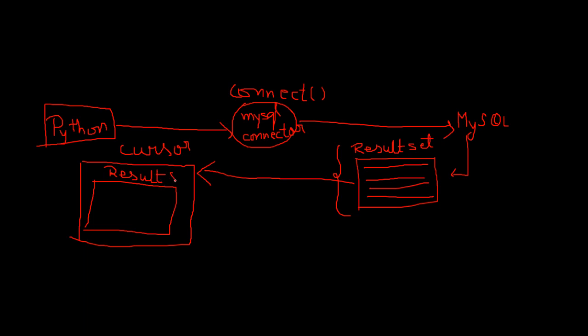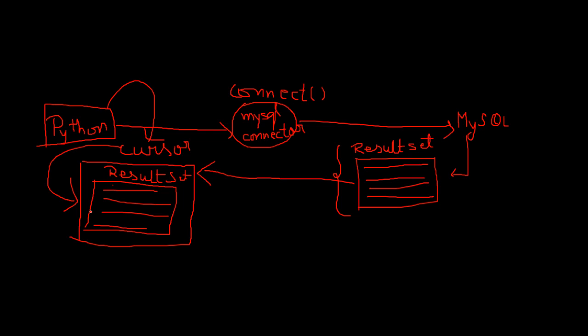Why do we store the result set in the cursor? Because the result set has multiple records, and to access those records we need a particular variable in Python. So the result set is stored in the cursor, and with the help of this cursor we can access all the records present in the result set individually.